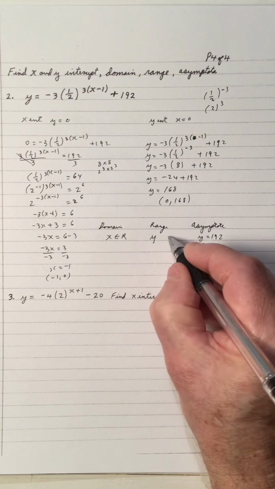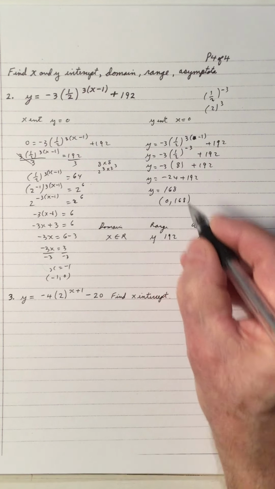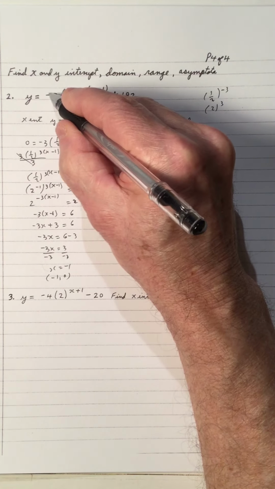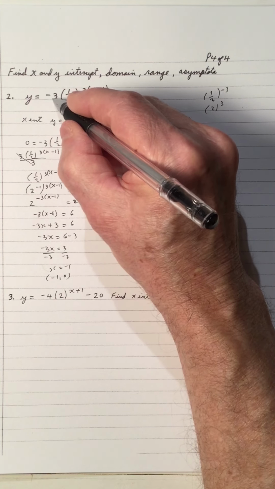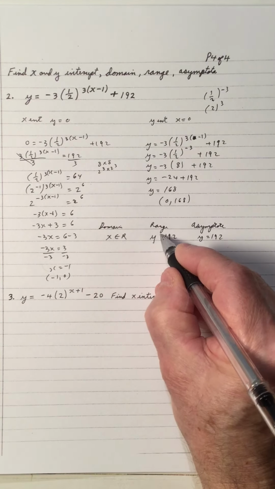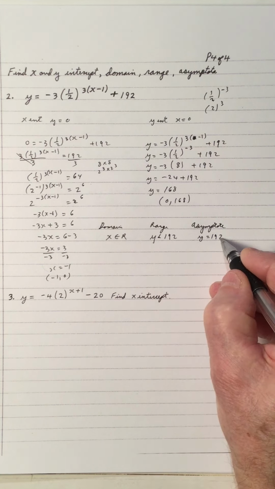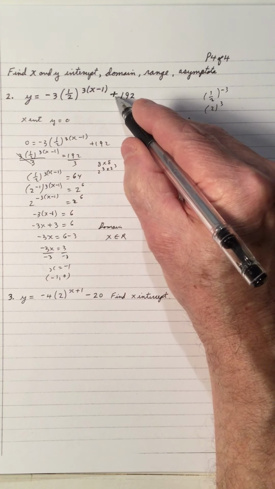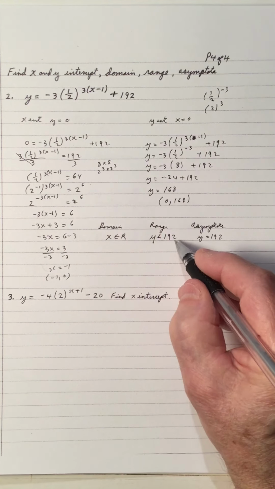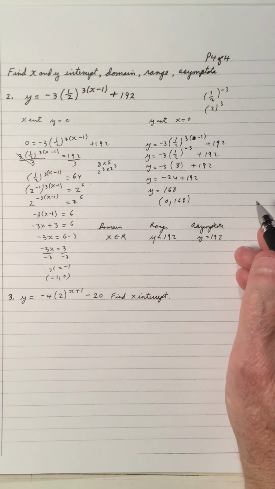And the range is in terms of the asymptote. Since this is negative in terms of the y, that means the graph is opening downward. So the range is y less than 192. The y values in this graph are always less than 192.